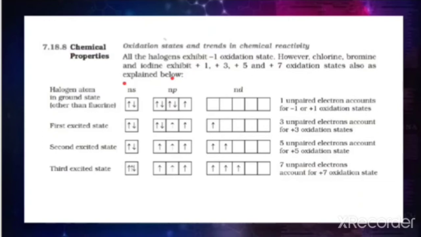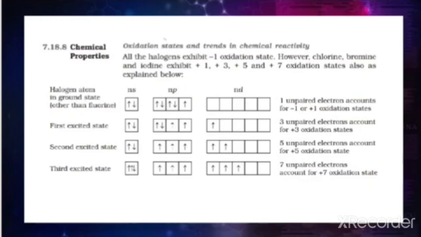Now when you look at the orbitals in the np, there is a single unpaired electron. Due to this, it forms -1 and +1 oxidation states.